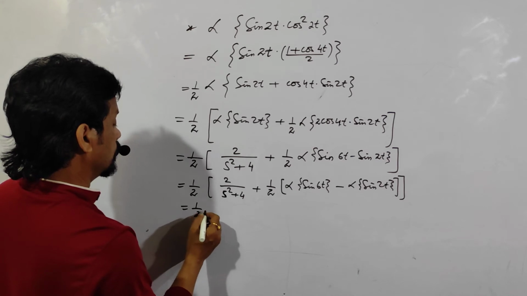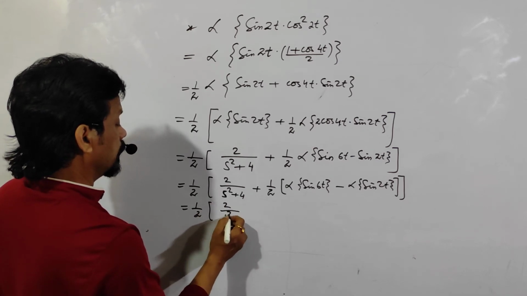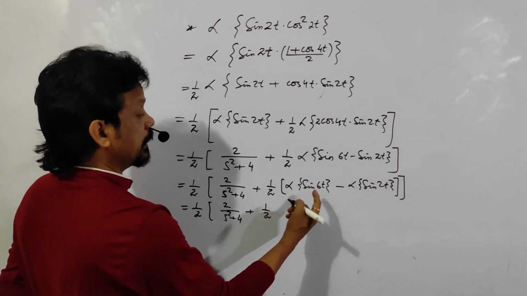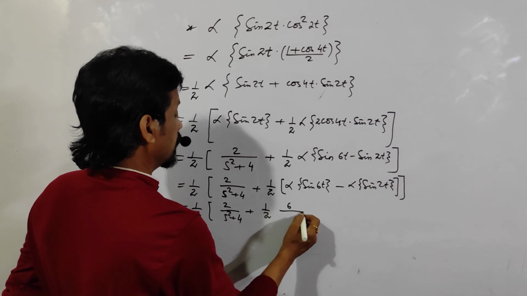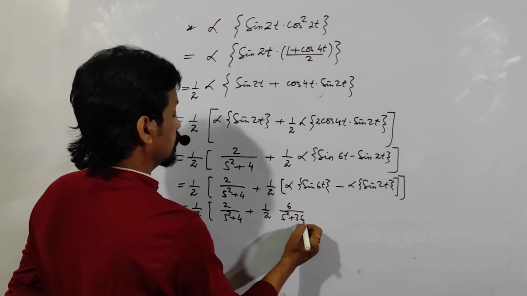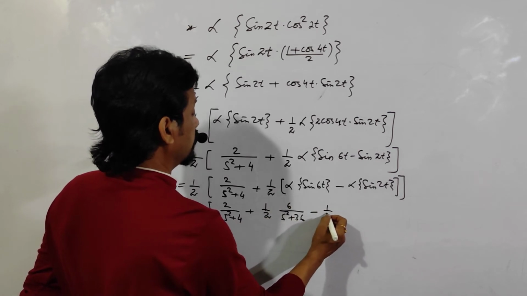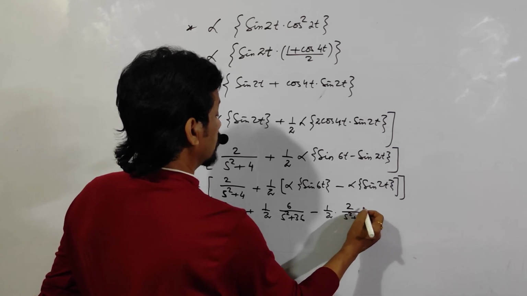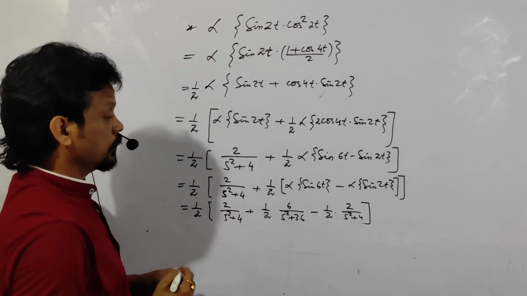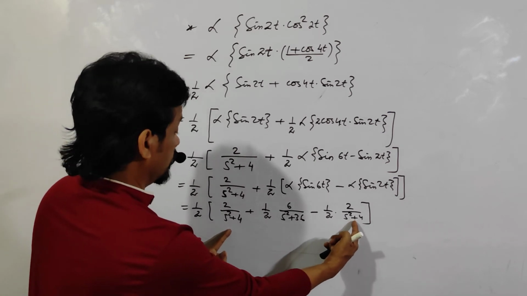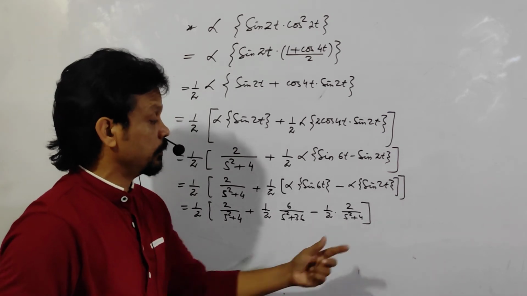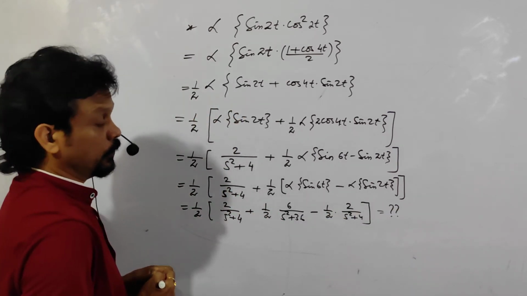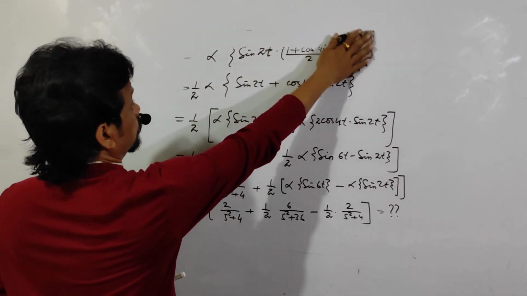So 1 by 2, 2 by s square plus 4, then 1 by 2 sin 6t, so 6 by s square plus 36, minus 1 by 2 is there, so I am writing 1 by 2 here, sin 2t, again 2 by s square plus 4. So this is over. So now you can combine these two. This is s square plus 4, here it is also s square plus 4. So you have to combine and then write the answer. Okay. So you can do it. Now another question.